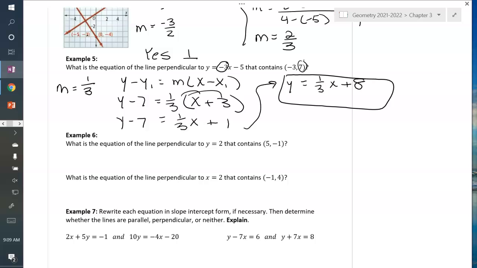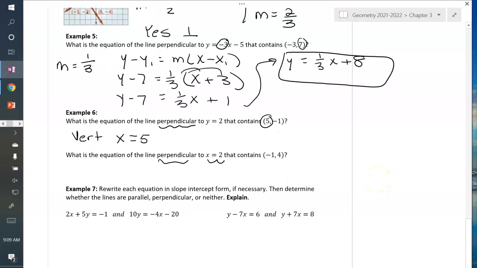All right, next, what is the equation of the line perpendicular to y equals 2? Well, perpendicular to a horizontal line is vertical. So I need a vertical line. That means I'm doing x equals, and then grab your x coordinate, x equals 5. The equation of the line perpendicular to x equals 2. Well, that is a vertical line.